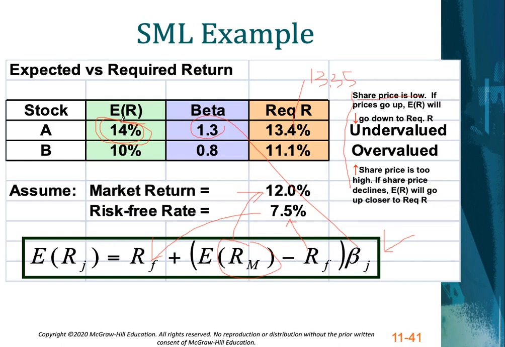So let's, for instance, say we have a stock that we think is going to go to $114, and it's trading at $100, we would have that 14% return. If the share price was lower, see right here, if it was lower, no, let's check that. So it says share price is low.